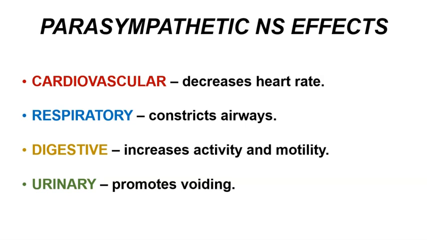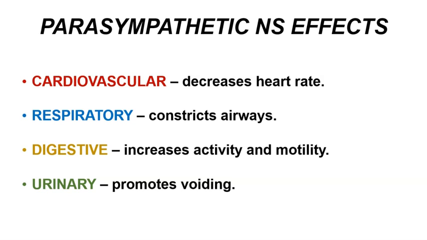The parasympathetic division is going to have the opposite effects that we saw from the sympathetic division. It tends to decrease heart rate as well as constrict the airways, because when the body is at rest, the cardiovascular and respiratory demands are much less.